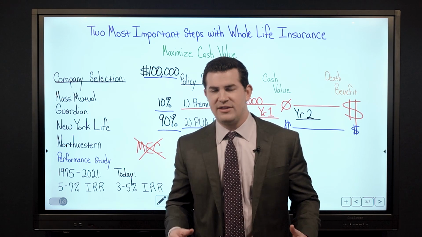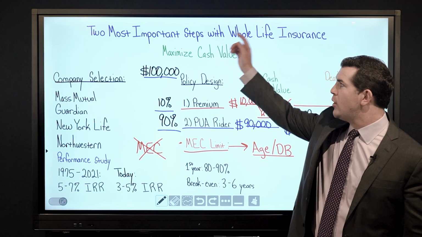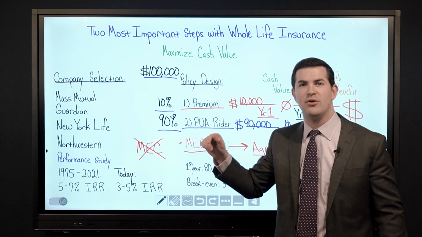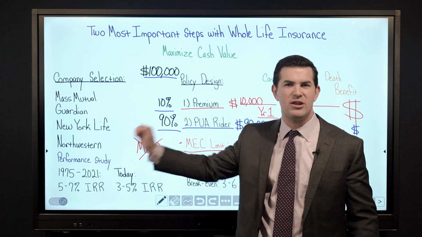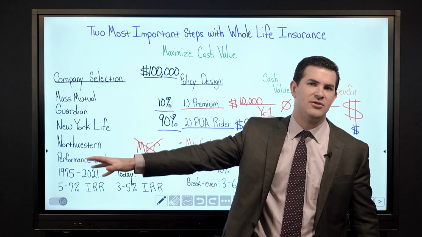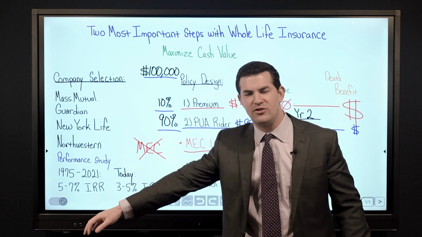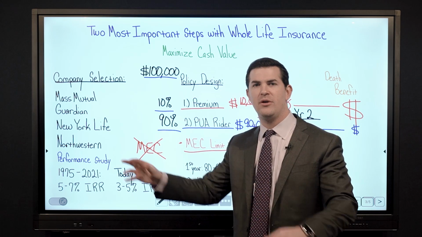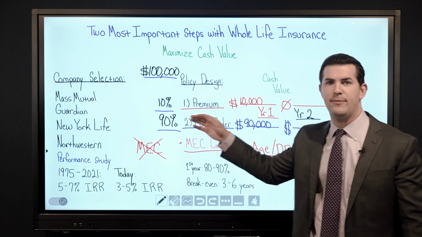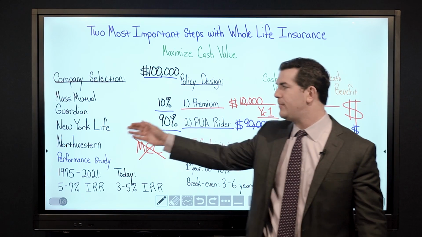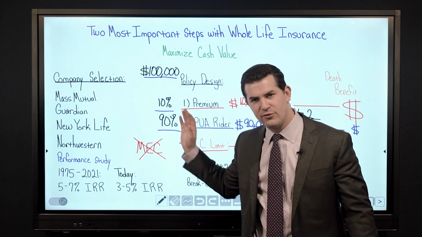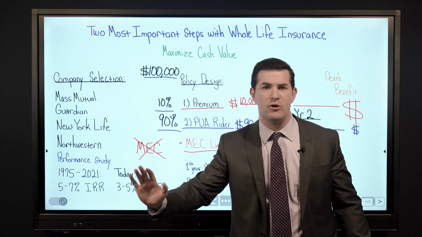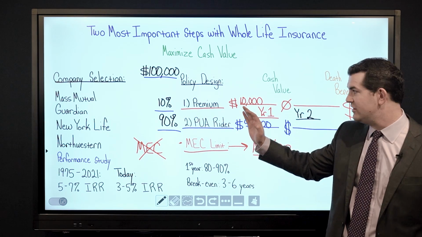So to summarize this, what are the two most important steps with whole life insurance to actually copy what the wealthy do, what the banks do, what major corporations do? How do I copy that as close as possible? Company selection and then policy design. Companies that have consistently delivered strong actual cash values to their policyholders, and then policy design.